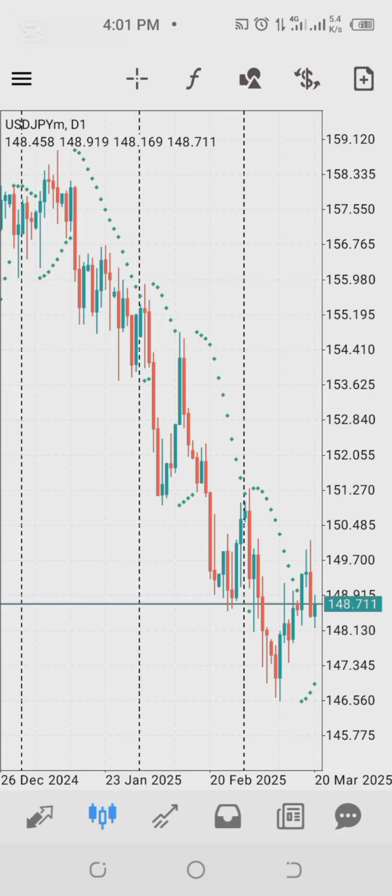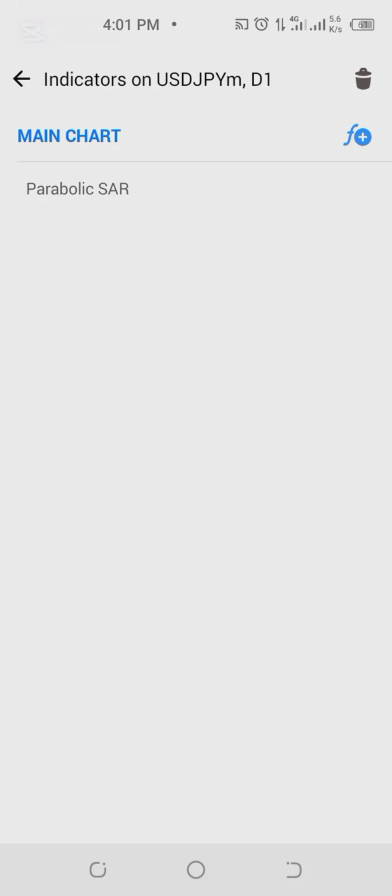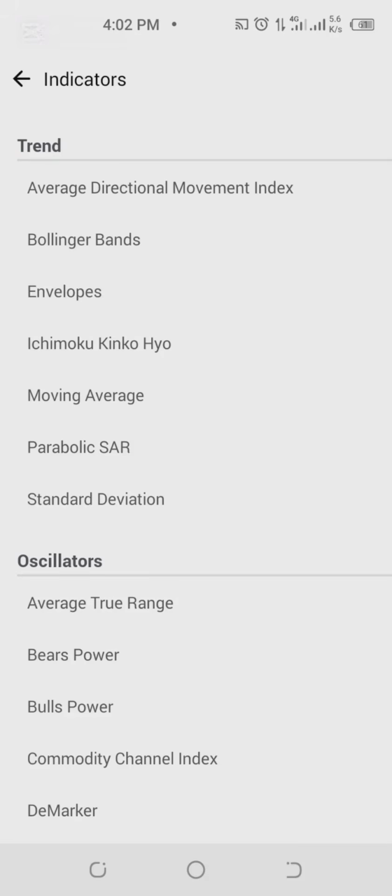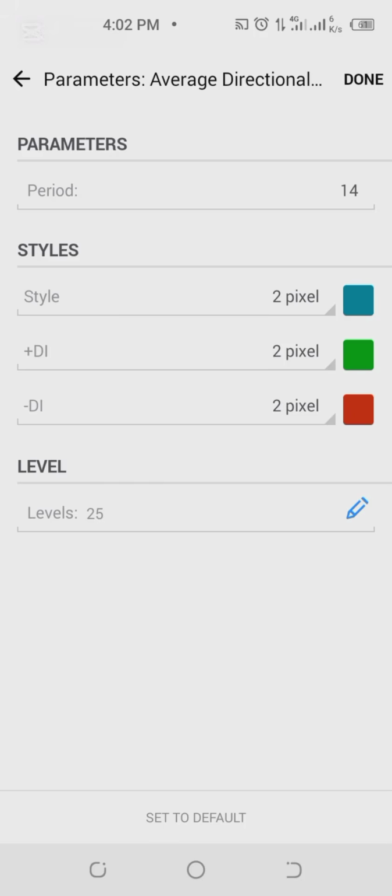Now I'm going to be adding another indicator which is called the average directional index. So I'm going to add that straight away. Average directional movement index, ADX. We're going to be making use of 14 period, and the style is going to be 2 pixels still. The plus DI, I'm going to be using a green color for that, and the minus DI is going to be a red color.